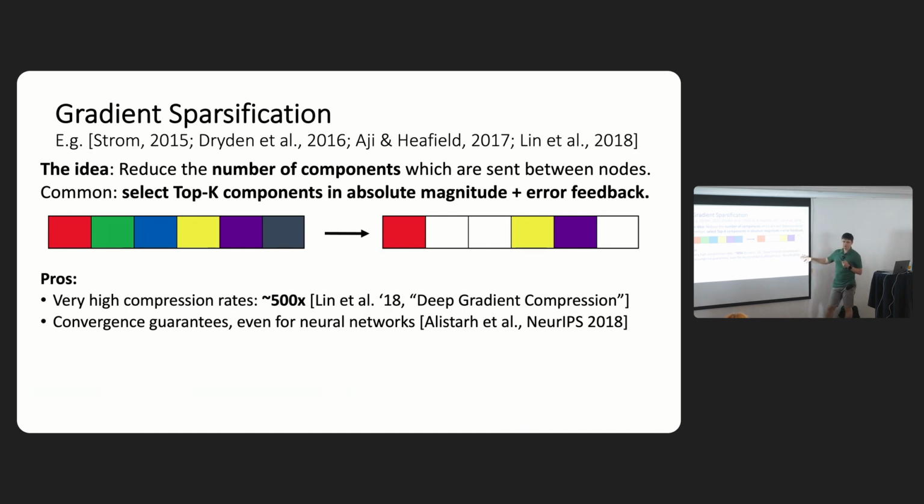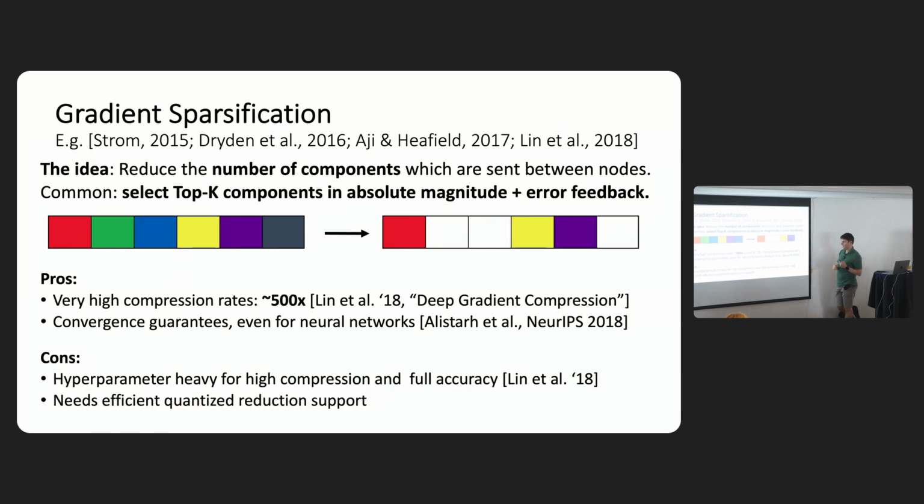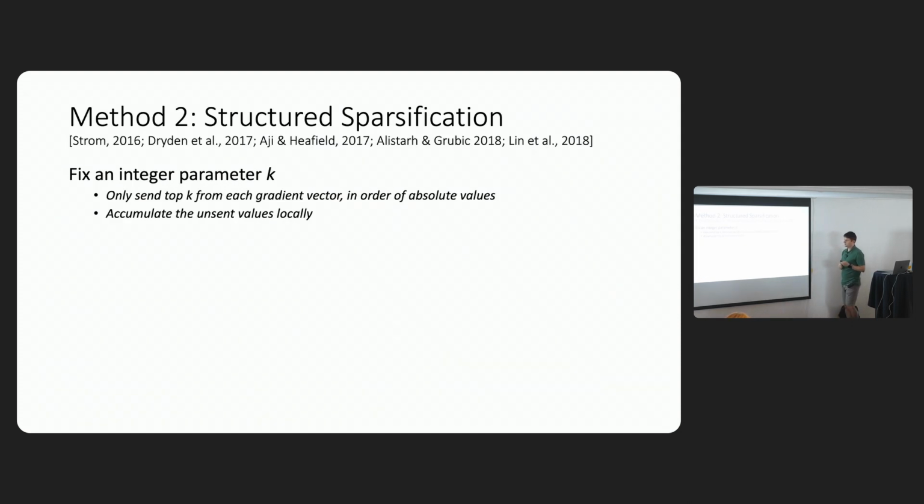And you can still get some convergence guarantees, but it will be a bit more complicated. In practice, this is harder to use because you need to change the parameters of training in order to make this work. And you need some support for sparse types in your communication mechanism, which is not always obvious.